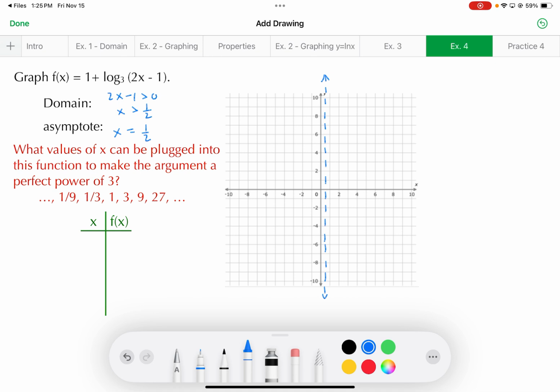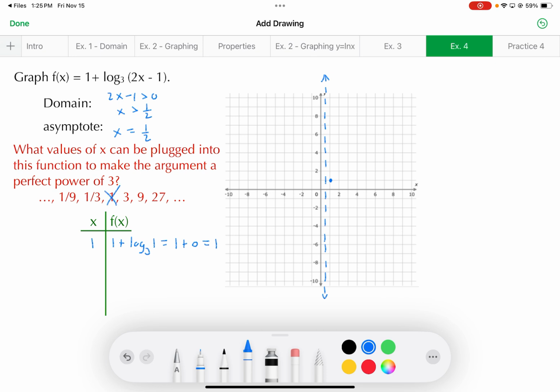Let's start with the perfect power 1 here. What does x need to be so that 2x minus 1 would produce a 1? 1. So this will give me 1 plus log base 3 of 1, or 1 plus 0. Log base 3 of 1 is 0. So 1 plus 0 is 1. So you've got a point at (1, 1). Okay, so we used that perfect power.